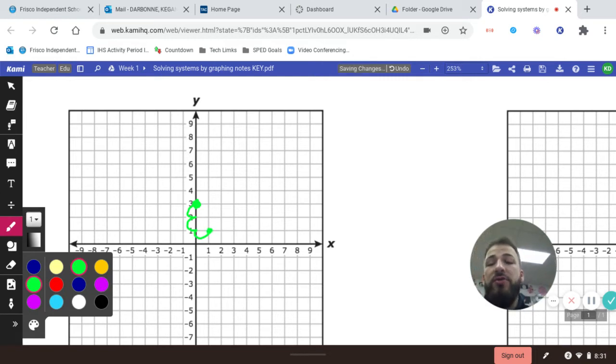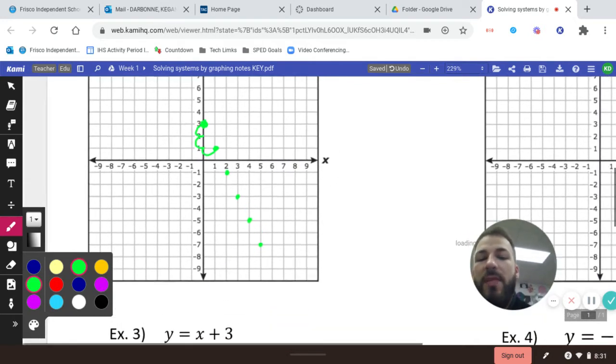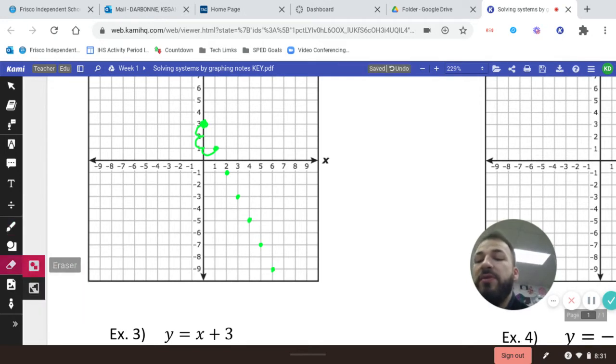And if I wanted to make it a little easier to graph, which is going to be very important, so that you graph nice straight lines, I can keep repeating the process of down 2 over 1, down 2 over 1, and so on all the way down to get some more points. Make my job a little easier.